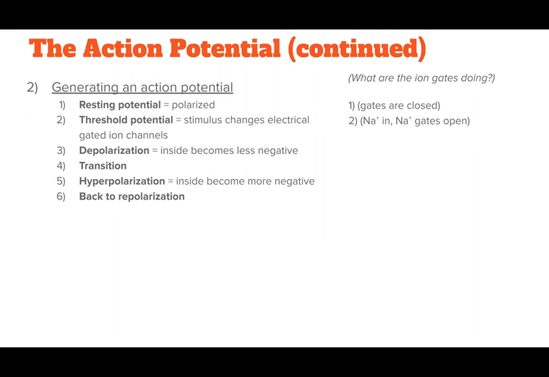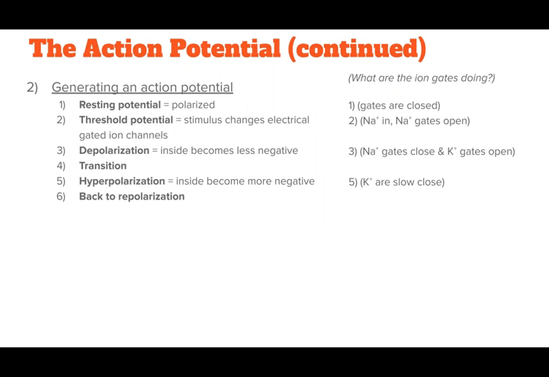And this is what ends up making the inside a little less negative. Now, as it is becoming depolarized, these sodium ion gates end up closing. We end up having this transition period where the potassium gates are opening.